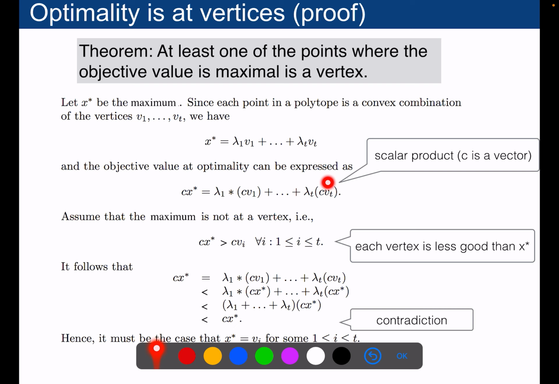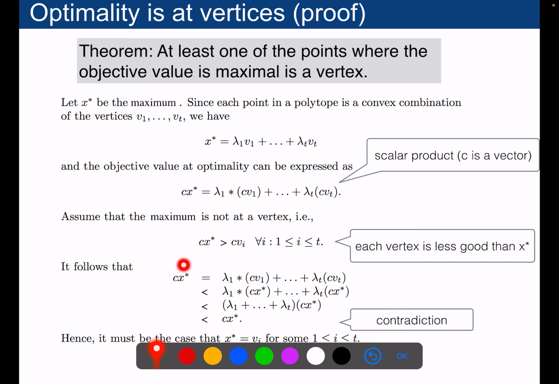And we will make an assumption that the maximum is not at a vertex. Okay, the maximum is not at a vertex, so it means that for every vertex, they are suboptimal. You take any vertex i, they will be less good than the solution that we have here. Okay, for all of them. Hence, this line is the same as this one. Okay, but I will take my hypothesis here, and so I've got this inequality.